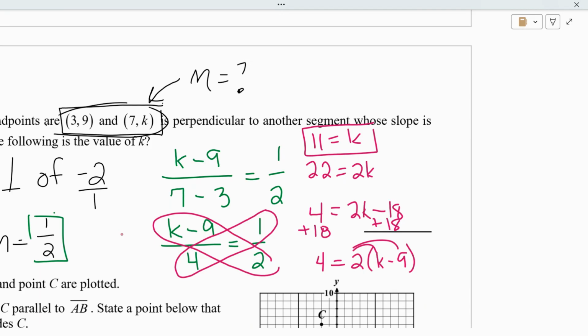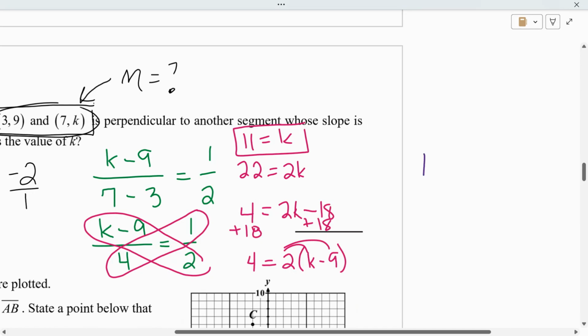Now the other way that you could have looked at this, some of you guys have very proportional kind of visual brains. So I'm going to rewrite this off to the side. K minus 9 over 4 equals 1 over 2. So you could have said to yourself, well, what do I do to the 4 to make it equal 2? I have to have a multiplier. I multiply by 2.